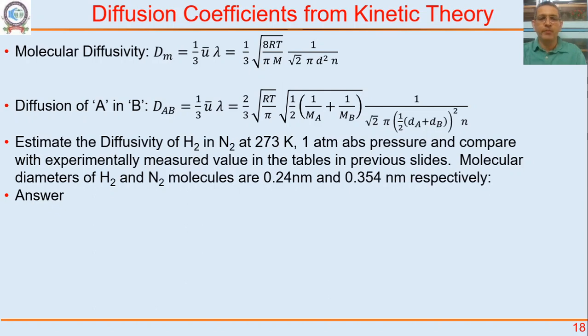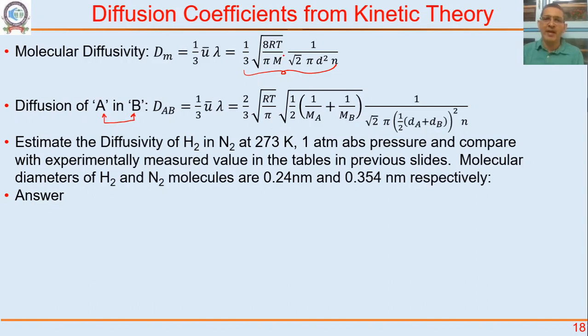Okay, so here is a small problem. Just before you start doing this problem, let me clarify a few things. If you substitute for u bar and lambda, you will find this is the expression for diffusivity. Now it is the diffusivity of A in B, right?